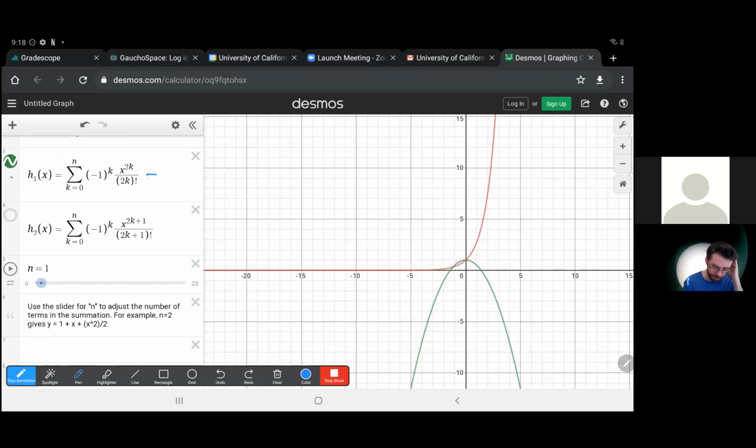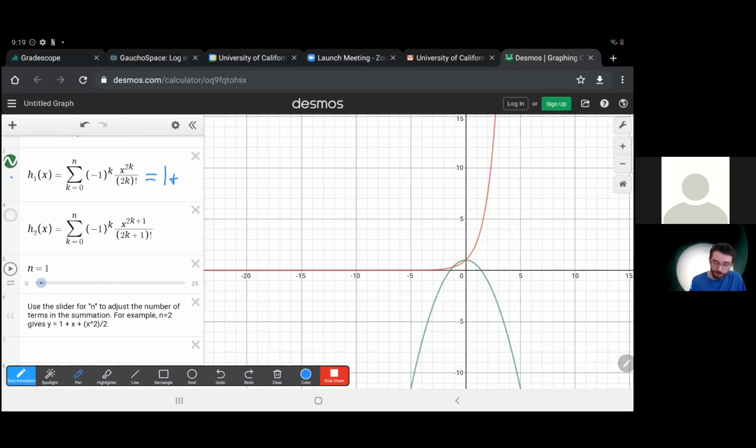So if I wrote this out, start with k equals 0. Negative 1 to the 0 is 1, x to the 2 times 0 is x to the 0, which is 1, and then 2 times 0 factorial is 0 factorial, which is 1. Okay, so starting out, we just get 1, so that's fine.